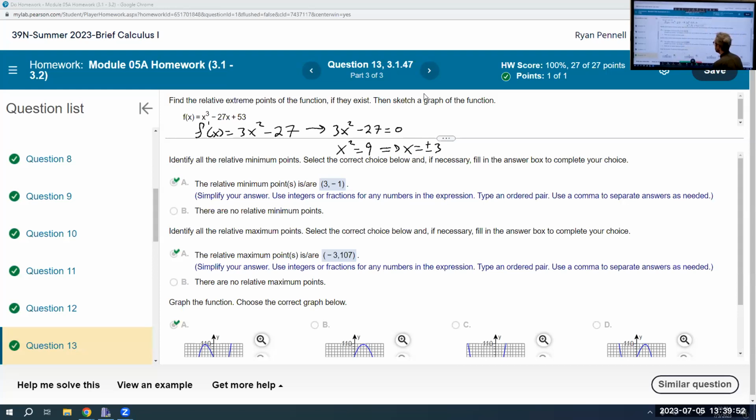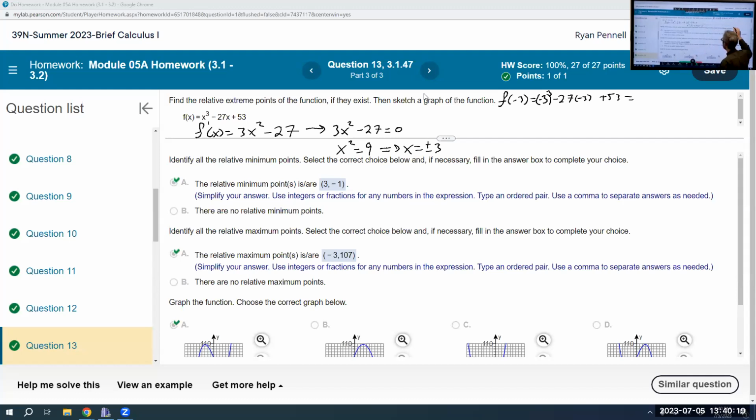Now I'll plug those 2 points into the original function and find the values. That should tell me relative min, relative max. So f of -3 is -3 cubed minus 27 times -3 plus 53.